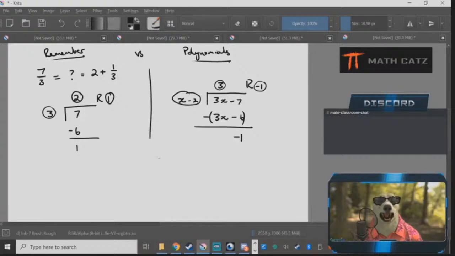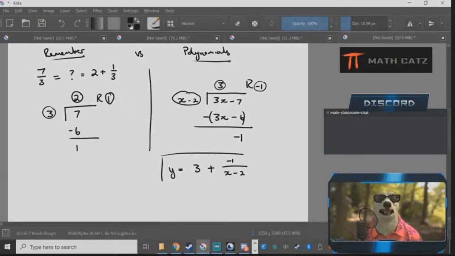I put them together in the same way, which is the quotient plus the remainder over the divisor. I can't say it's exactly the same, but it's extremely similar to the elementary school concept.